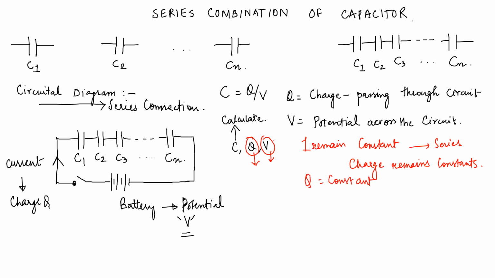For C1 the charge is Q, for C2 charge Q, for C3 charge Q, and for Cn it is charge Q. So for all C1, C2, C3 up to Cn, the charge Q is the same. But what about the voltage?